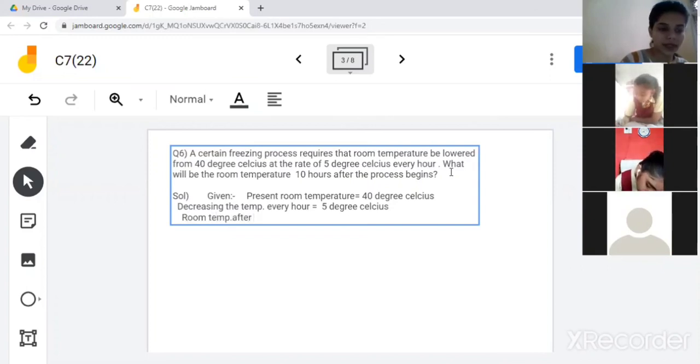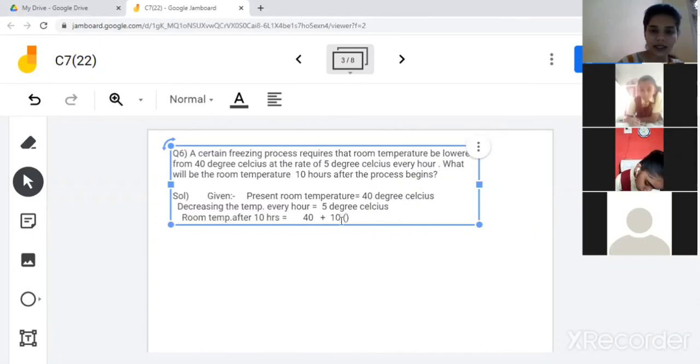Now, room temperature after 10 hours will be what? It was 40 degrees Celsius in the starting, isn't it? Now, what will be the room temperature after 10 hours? So, after 10 hours, it will be 40 plus 10 multiplied by minus 5.